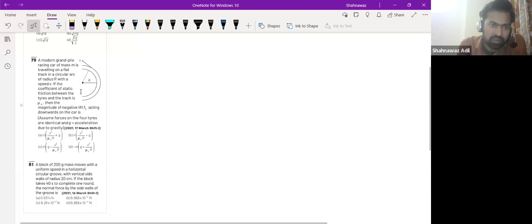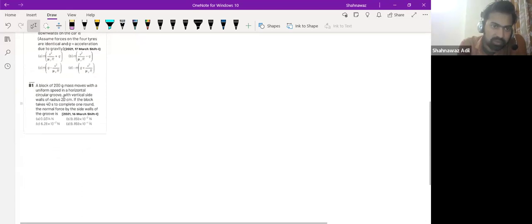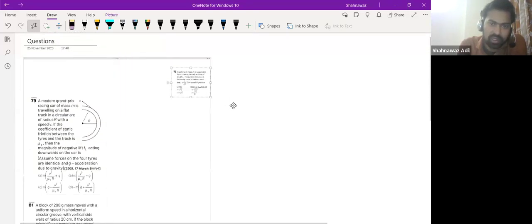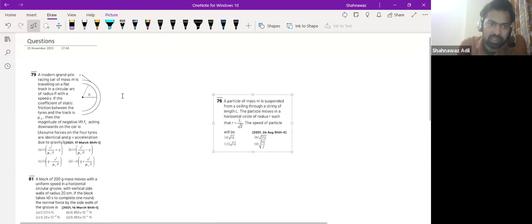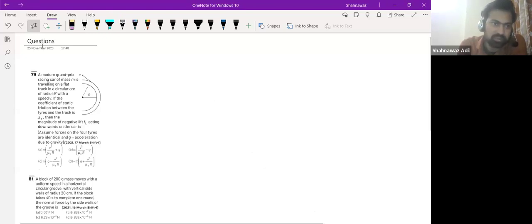So you see that this is unbanked road. And this is unbanked road, and you guys already know the answer of that. But first let us do this question.